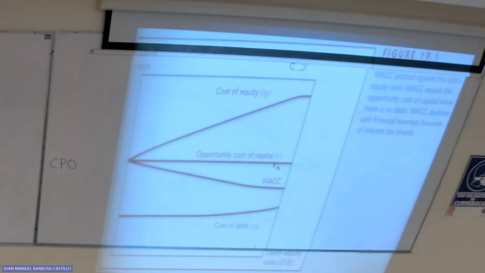Do you remember that? We proved it last semester. If I use nominal cash flows and discount those cash flows with nominal effective discount rates, the present value of that is exactly the same as if I use constant cash flows and real discount rates. The difference between the two exercises is just inflation. So, conclusion, inflation is irrelevant as long as I include the effect of inflation in my cash flows.